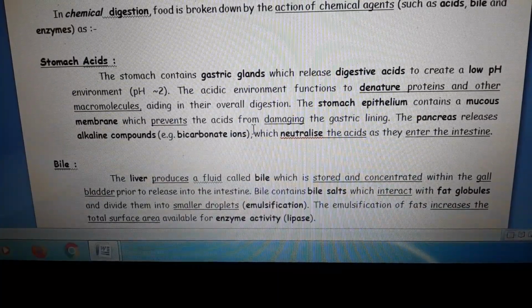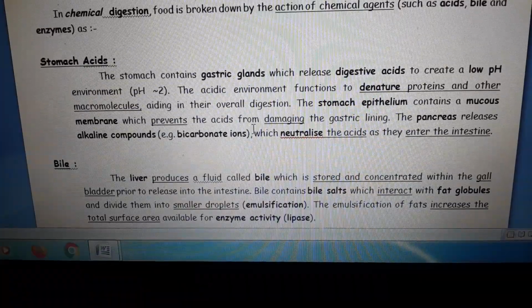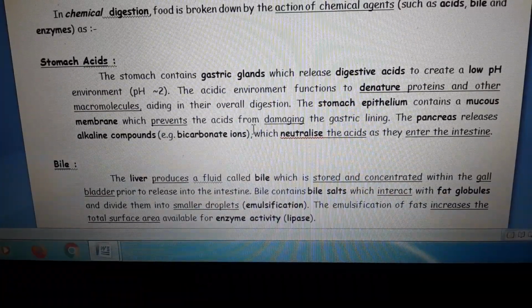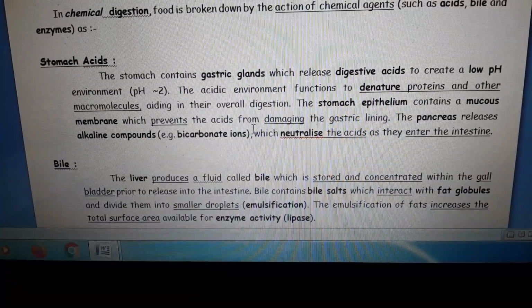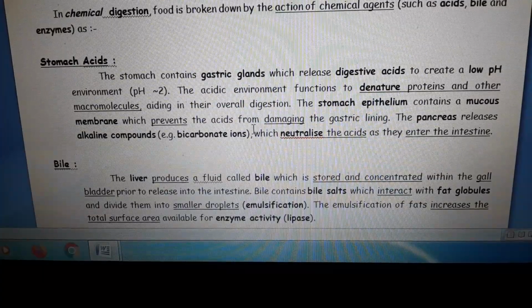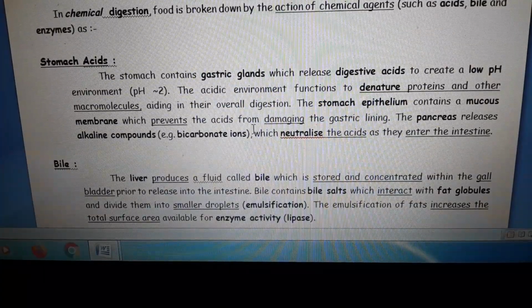Since this is acid, it maintains a low pH, around 2. This acidic environment helps to denature the protein component of the food and break macromolecules into micromolecules, and also helps in overall digestion.